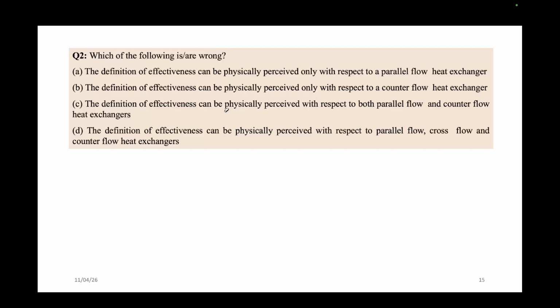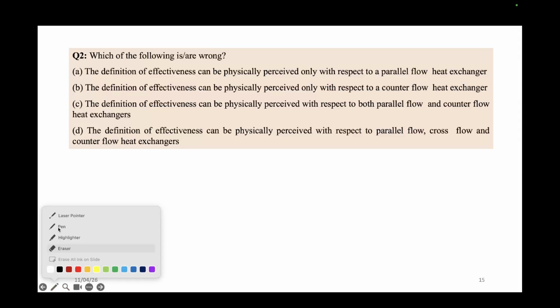A, B, and D are wrong. Let us check. So first is that the definition of the effectiveness can be physically perceived only with respect to a parallel flow heat exchanger. No, the effectiveness can be for both types of heat exchanger, right? So the first option is wrong.